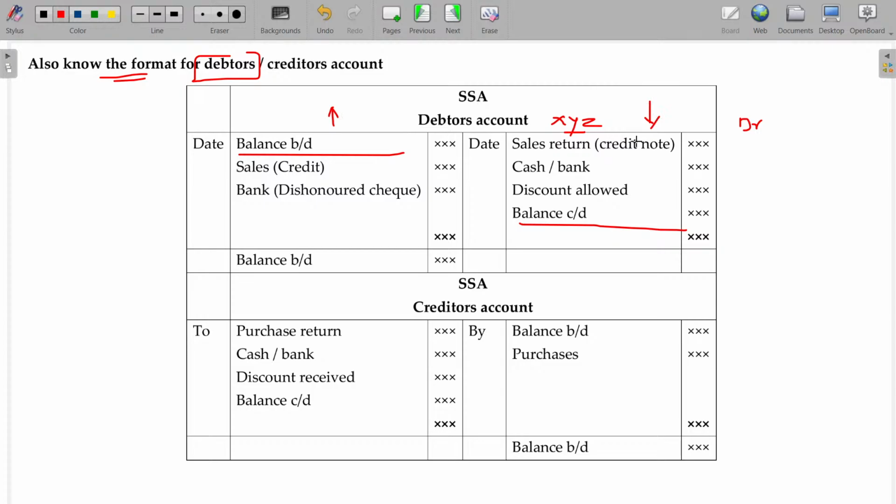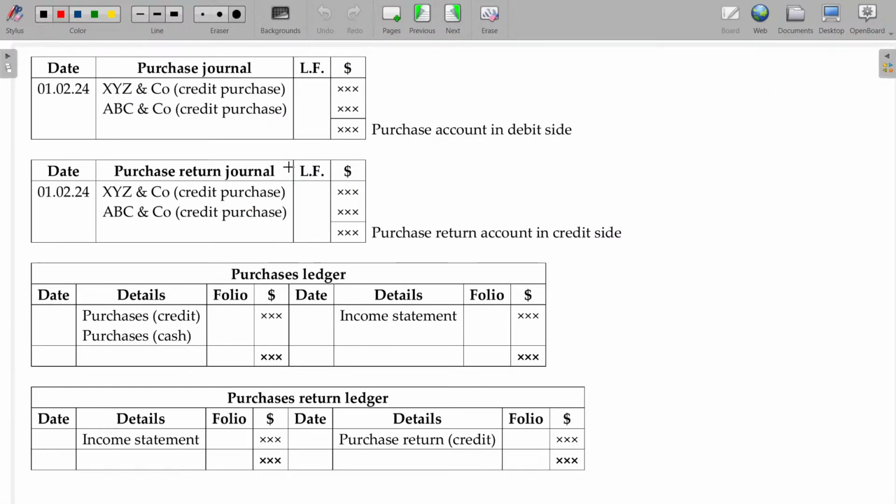Any value reducing will be posted on the credit side, like sales on credit when it is reducing, sales return, payment made, discount we have offered them. So these things are reducing. Is that okay? If the amount is settled by bank and not honored properly, it will be reversed, right? So bank dishonor of cheque. I have given the format for the sales related, and similarly, we have the purchase related also.